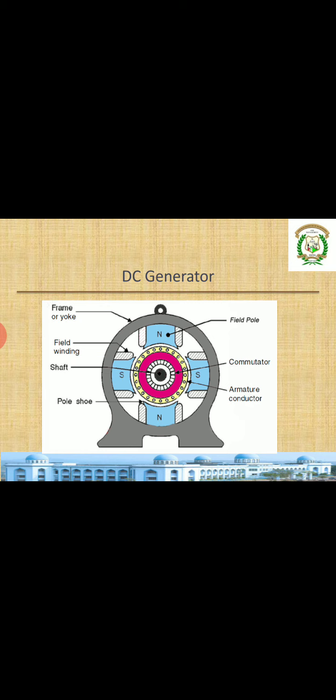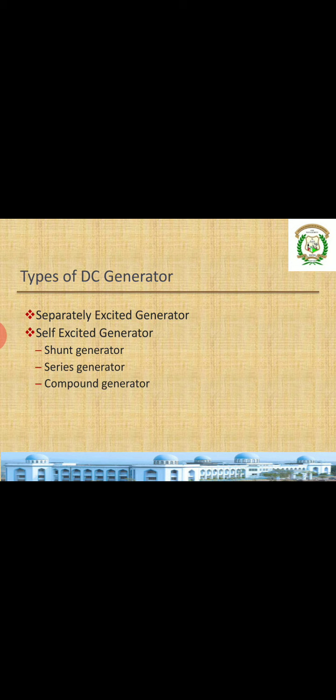You might have studied this in your previous subject. So once again there are types of DC generators. Based on the excitation, it is classified as separately excited generators as well as self-excited generators. Separately excited generator means the field winding is given separately. In self-excited generator, field winding is connected together with the armature winding.